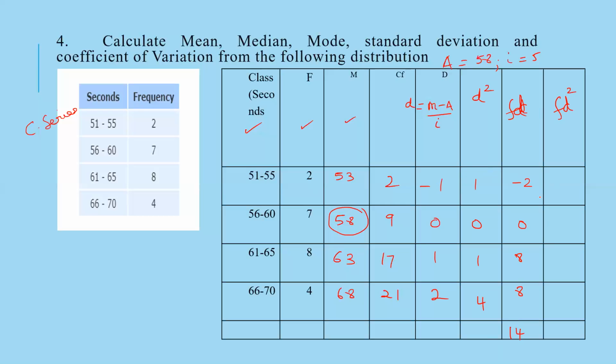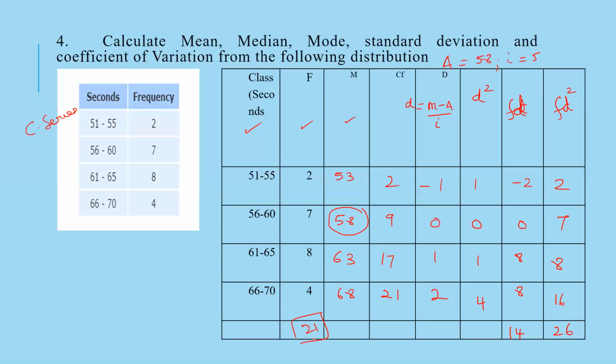and FD squared, so F is 2 and D squared is 1. So similarly, let's calculate 7 into 0, 8 into 1, and 4 into 4. Total of FD squared is 26, and total of frequency here, that is 21.